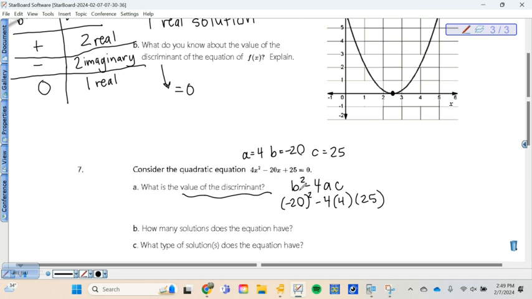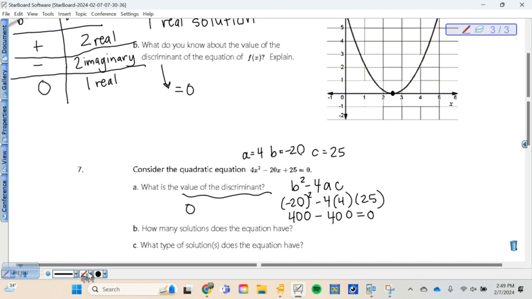Good, 400 minus, what's 4 times 4? 16. And what's 16 times 25? Yeah, 400. So 400 minus 400 is? So what's the value of the discriminant?